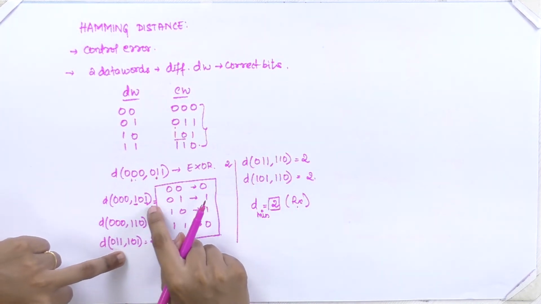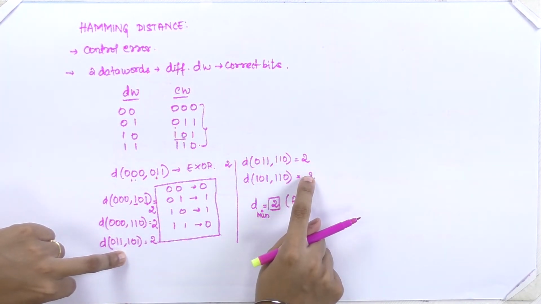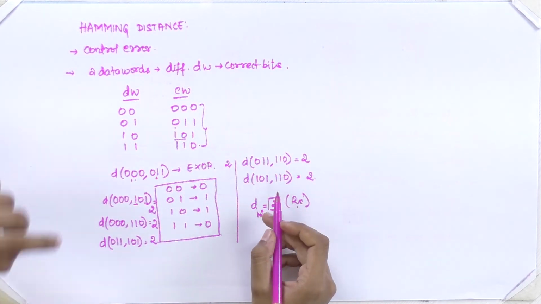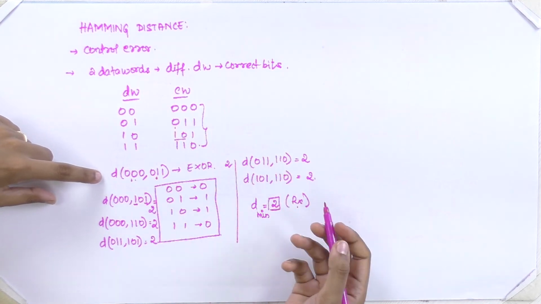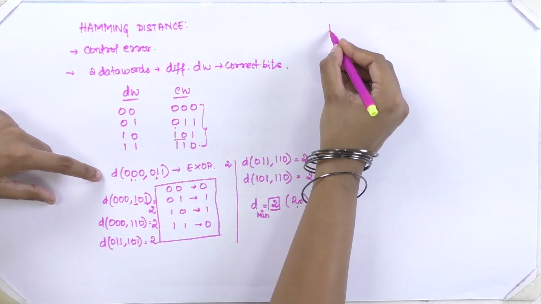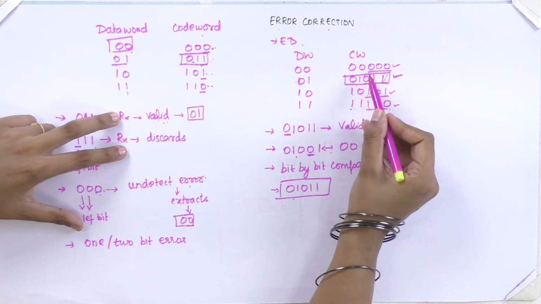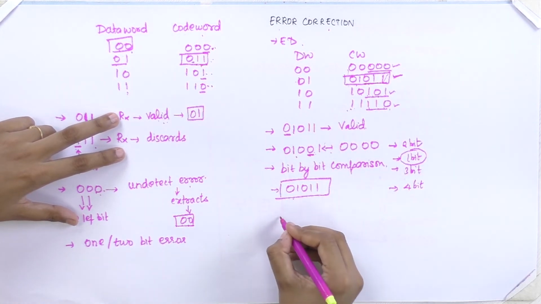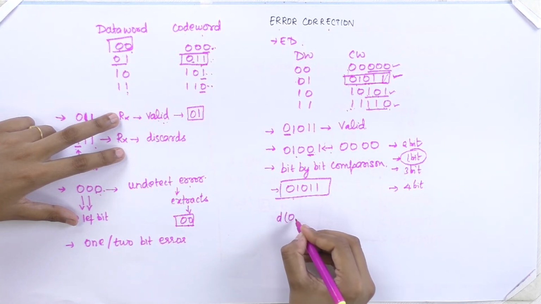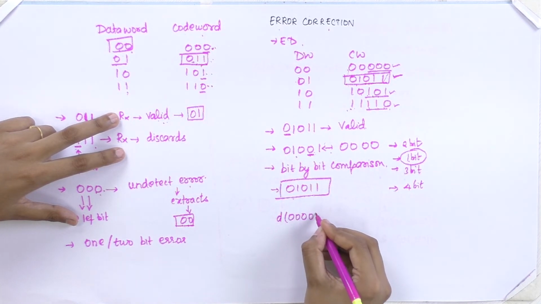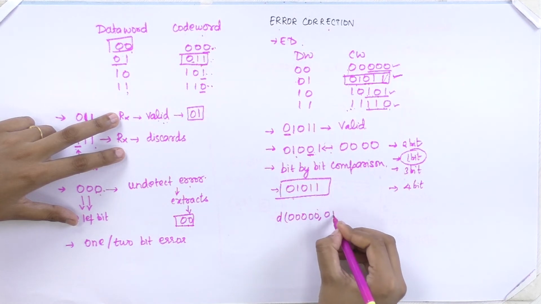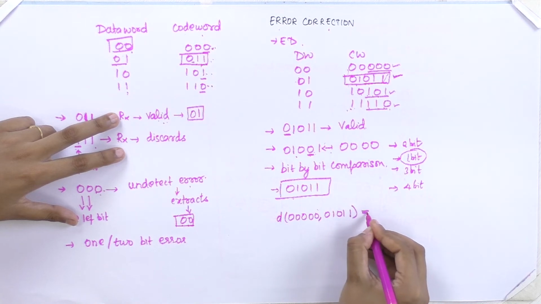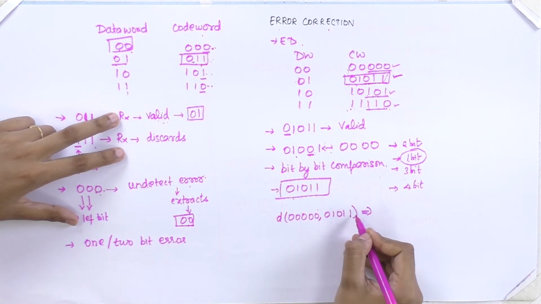So now we had the same number of errors happening on your receiver side. What if my Hamming distance is like in this case? When you look into this example, you have to find the Hamming distance of this one. So what do you do? D of 00000 and 01011. What will be the minimum difference in this case?